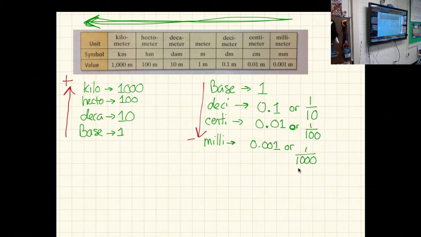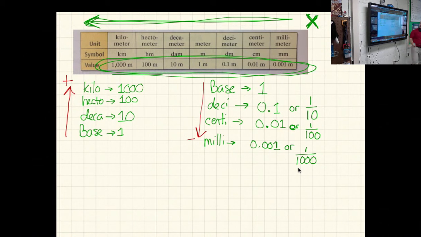So let's say you're going from milli to meter. If you're going in this direction, so if you needed to go from millimeters to meters, you would multiply by these numbers. Basically, that's what you're doing. You're going to multiply by the numbers on the bottom here.